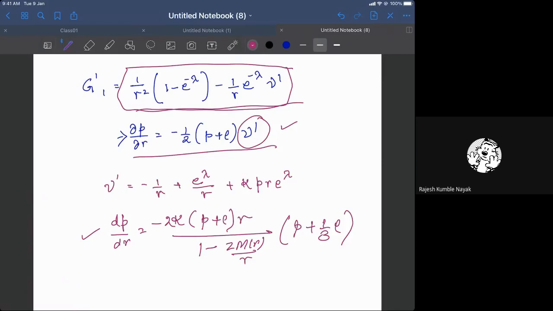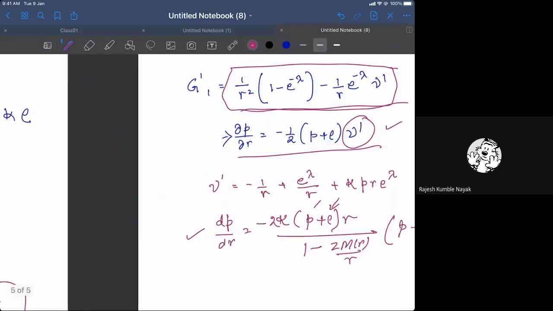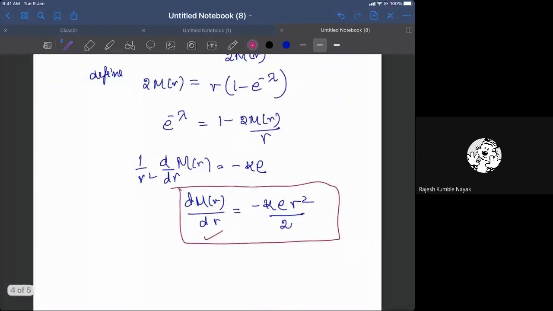One of the problems here is that you have pressure and density, which both are there, but unless you have some relation between the pressure and density, this equation cannot be solved, because there are not enough equations to solve for both.